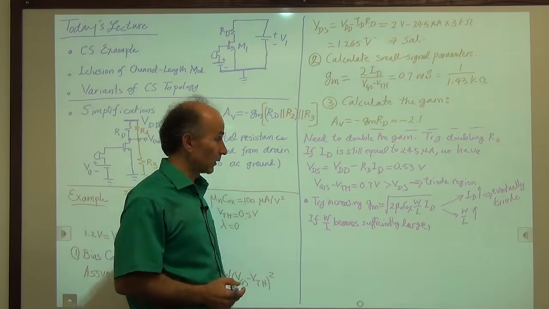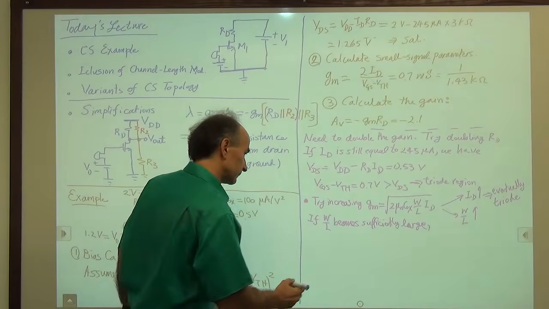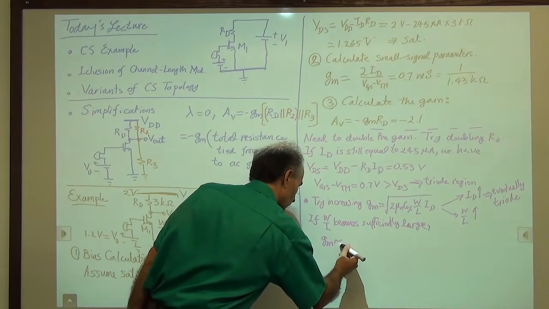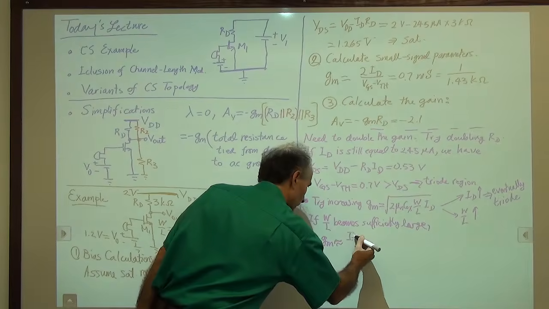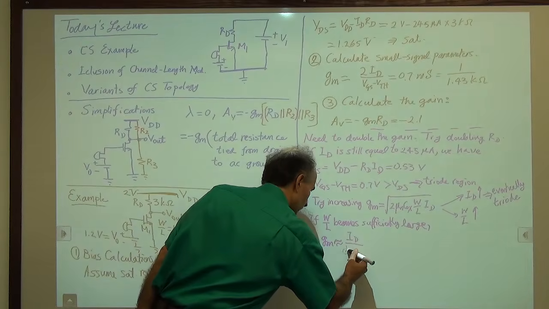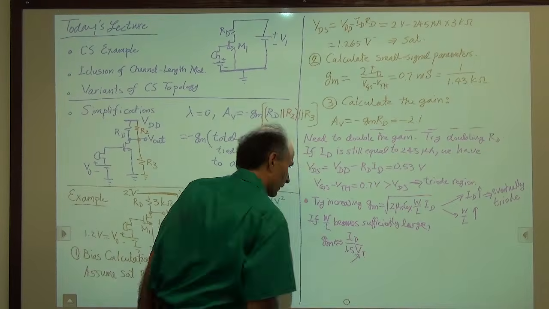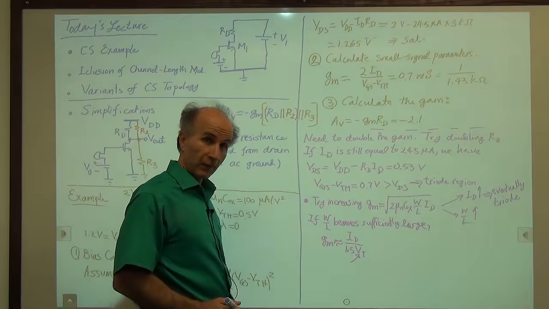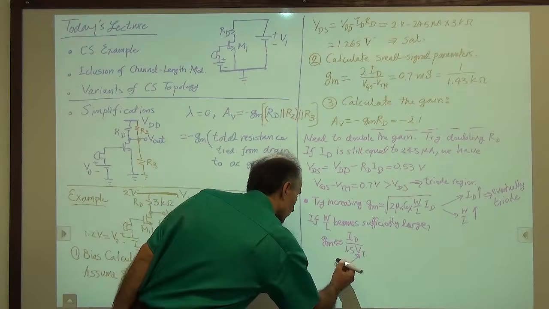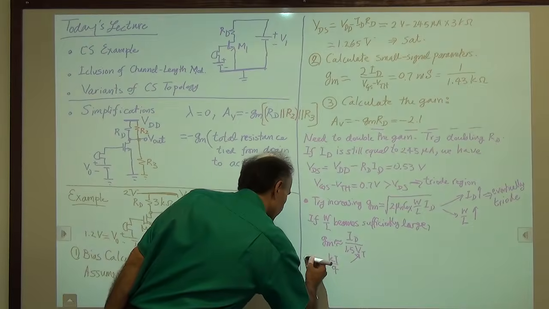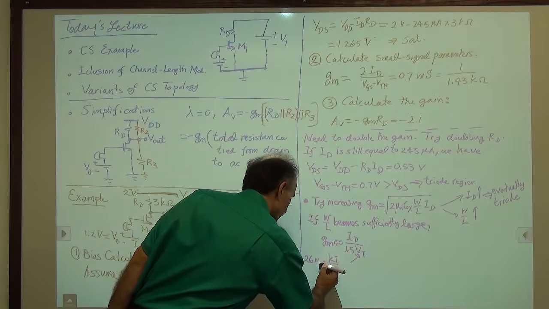In fact, we have to change it. The GM becomes approximately equal to ID over 1.5 times VT. VT, if you remember from the exponential equation we had for diodes, is equal to KT over Q and is equal to 26 millivolts at room temperature.